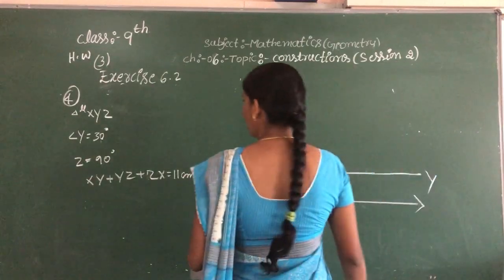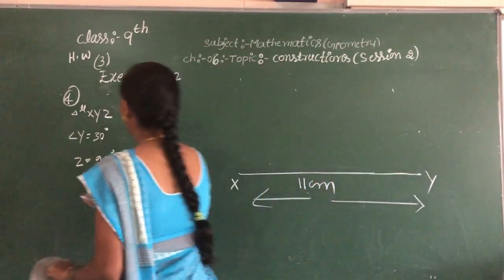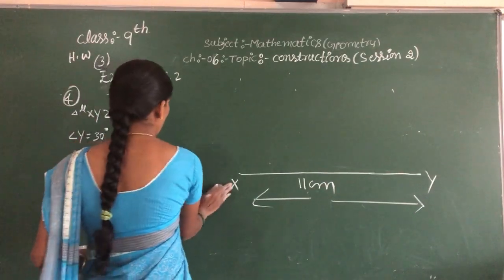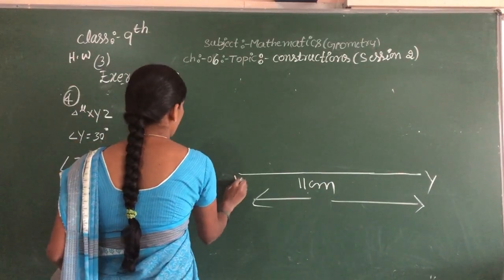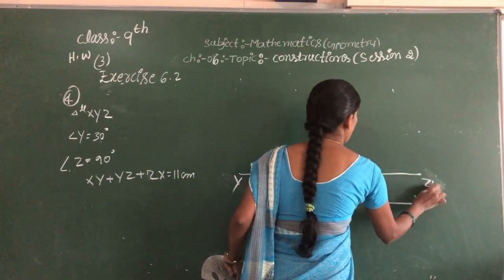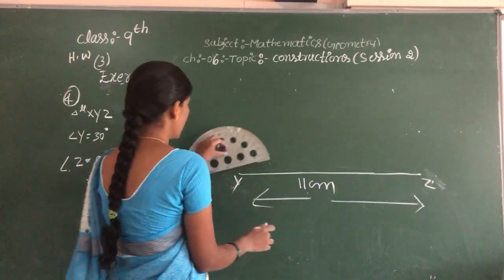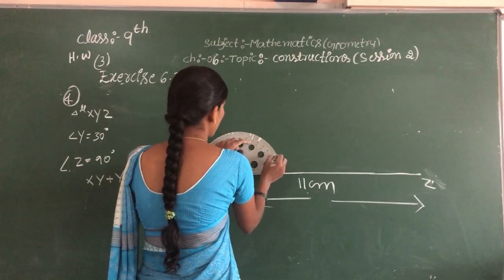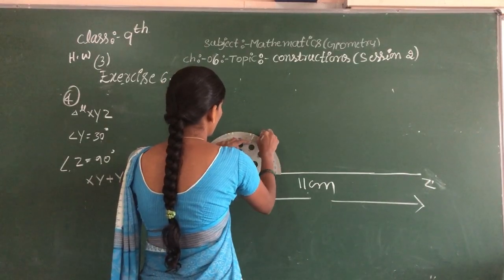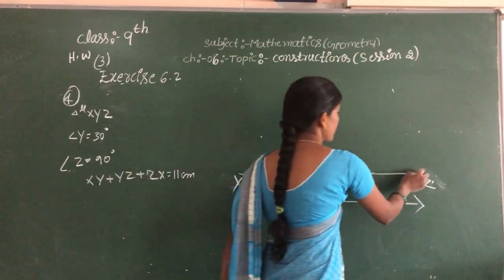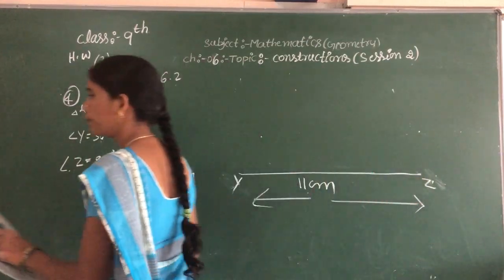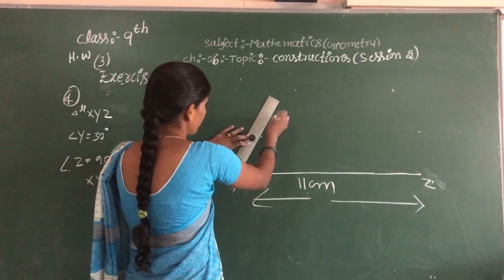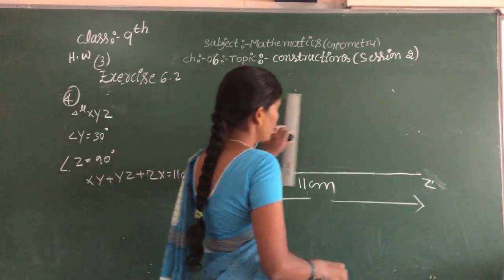We should give them YZ, why? Because angle Y is equal to 30 degree, and this is 90, okay. We should draw.